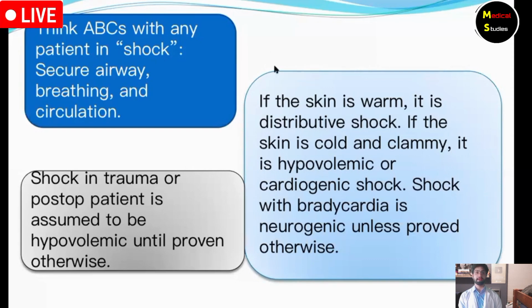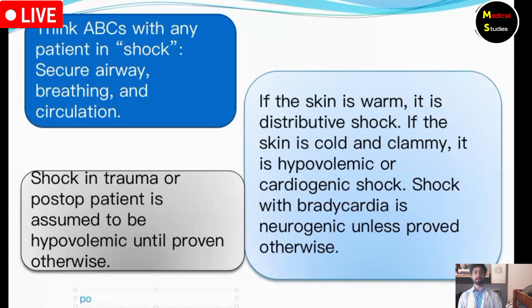You were very happy that you stopped the bleeding, but you didn't notice the airway of the patient. And when you call the patient, they are not answering because the patient is already dead, because you didn't pay attention to the airway and breathing, whether the patient is able to take a proper breath or not.